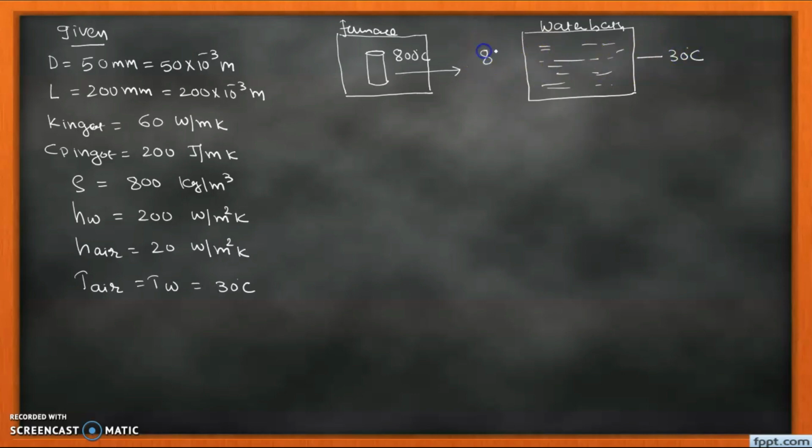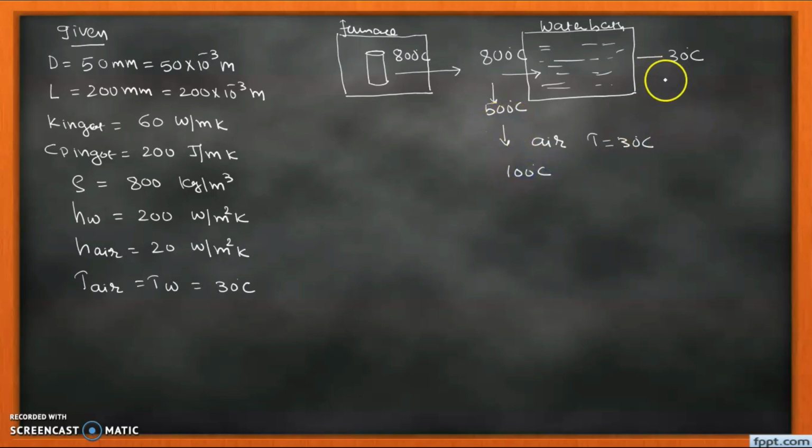We put this 800 degrees centigrade ingot into this water, and it reduces the temperature up to 500 degrees centigrade. Then from 500 degrees centigrade, we take it out of the water bath and put it into the air, which is also at 30 degrees centigrade, and we cool it from 500 to 100 degrees centigrade.